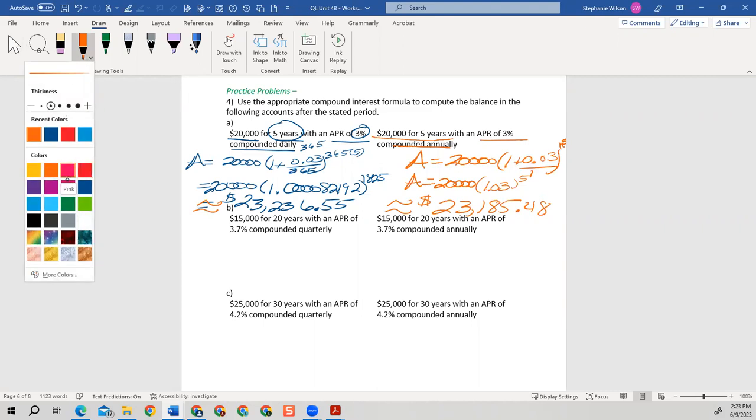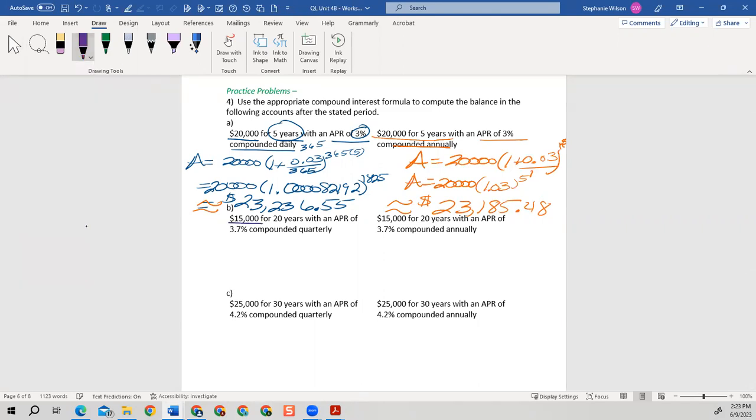Okay, now let's go. I'm going to pick a different color here. So the next one says we have 15,000, 20 years, APR of 3.7% compounded quarterly. There's 4 quarters in a year. So we're going to take A equals 15,000 times 1 plus 0.037 divided by 4, raised to 4 times 20 years.